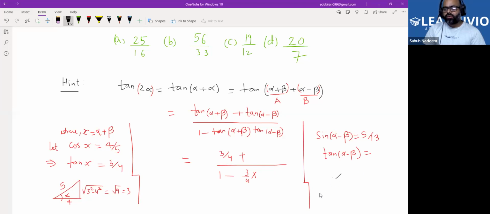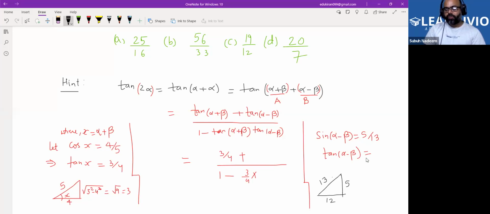So here also you will do the same thing, that you will make a triangle. So sine of something is 5 by 13, means perpendicular is 5, hypotenuse is 13. So by Pythagoras theorem, what will be the base? Can you tell? 12. It will be 12.